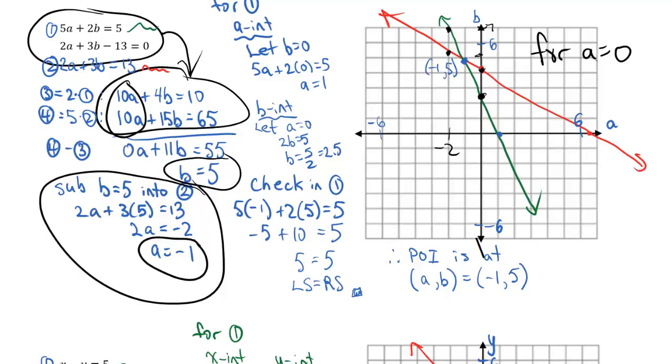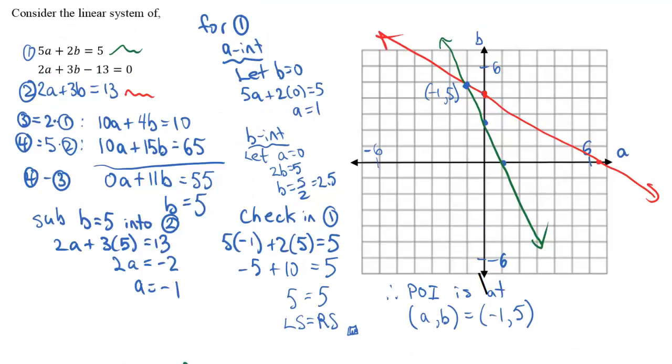And that goes for any A value other than the special one. Our special A value is minus 1. That is the only value for A such that both of my functions, this one and this one, are going to have the same B. That's the only A. So that's the key here.